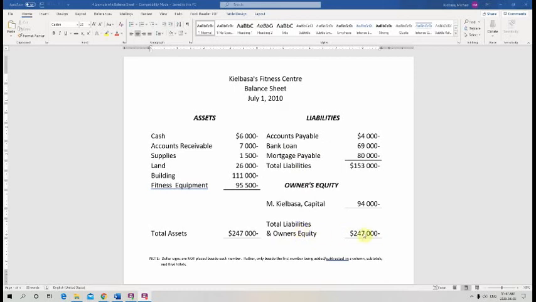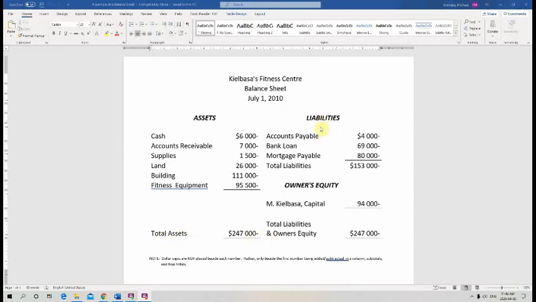So it ends on this line. And then finally, when this is all entered, you can go back to this side and put your total assets so it's nice and square, and both numbers, 247 and 247, end up being on the same line.